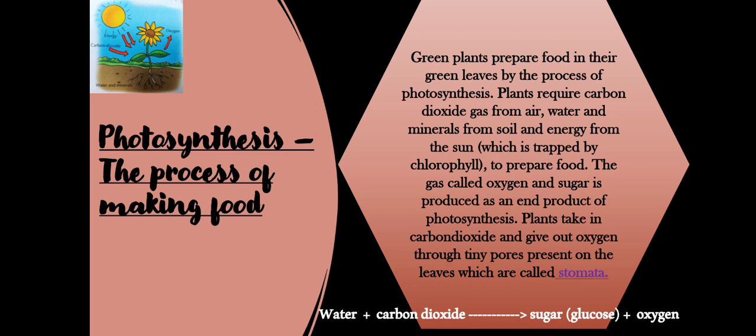Plants require carbon dioxide gas from air, water and minerals from soil, and energy from the sun, which is trapped by the chlorophyll to prepare food. The gas called oxygen and sugar is produced as an end product of photosynthesis. Plants take in carbon dioxide and give out oxygen through tiny pores present on the leaves, which are called stomata.